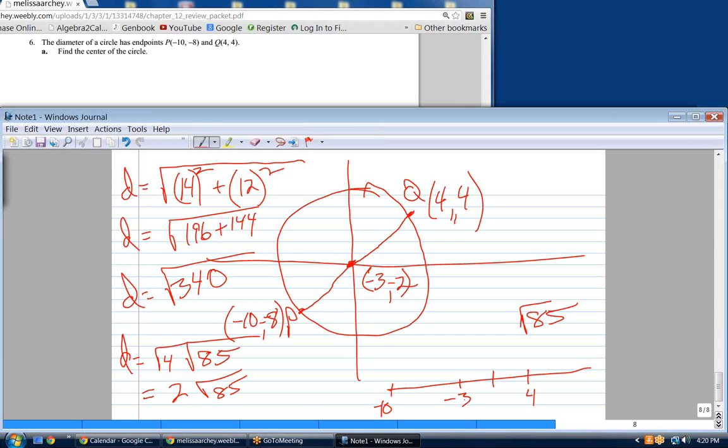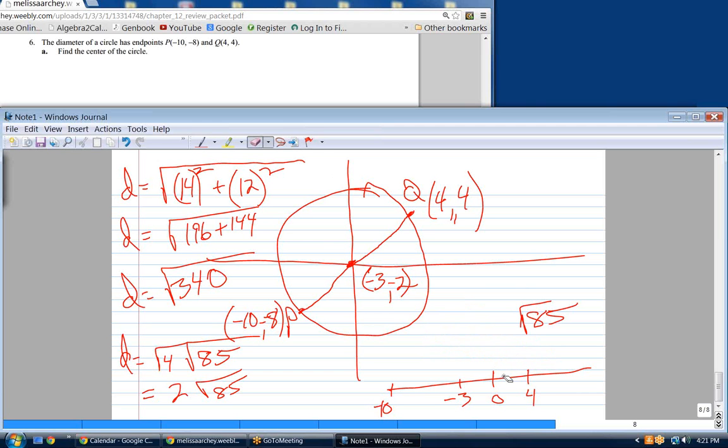Okay. It's going to be negative 3. Now, the technical way to do it is you take the two coordinates, you add them, and divide by 2. Well, if I take -10 plus 4, that gives me -6, divided by 2 gives me -3.